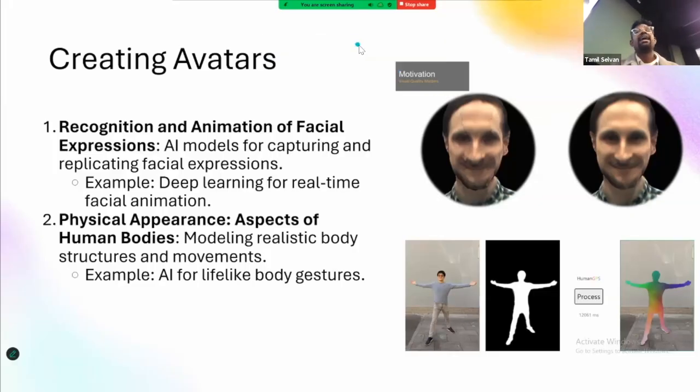And another part is you don't need just creating a photorealistic one. You also need to track their dynamic movements, because humans communicate dynamically via body language and their gestures.